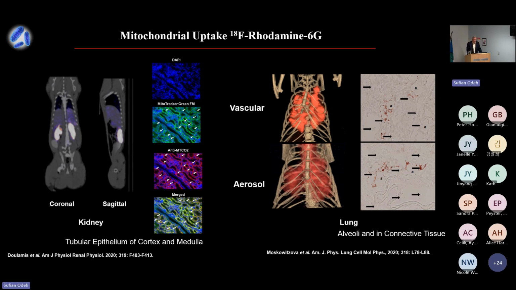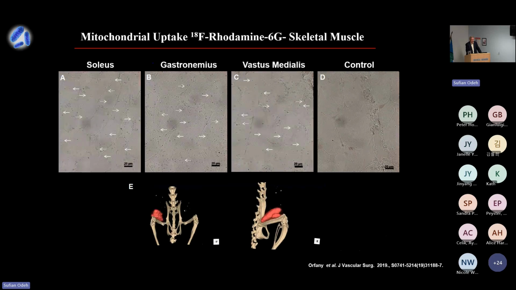And they go into the lung and the bronchi. And you can see they're in all the alveoli and the connective tissue. And here, the tubular epithelium, cortex, and the medulla. You can also do this in the skeletal muscle. It's localized, and it goes into all muscle types. So it's fast twitch, slow twitch, mitochondria are taken up all the way through.